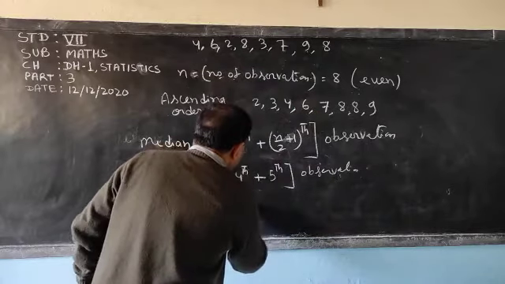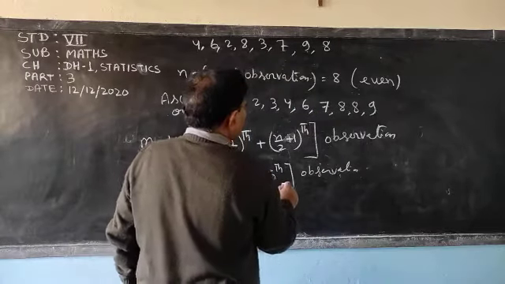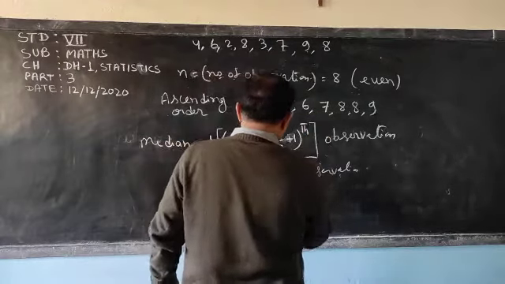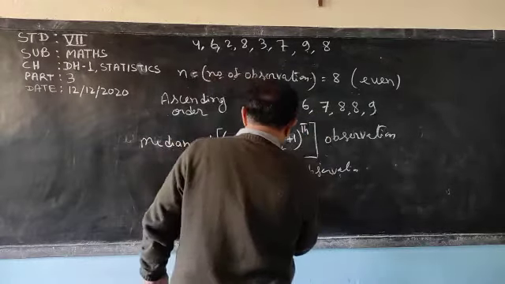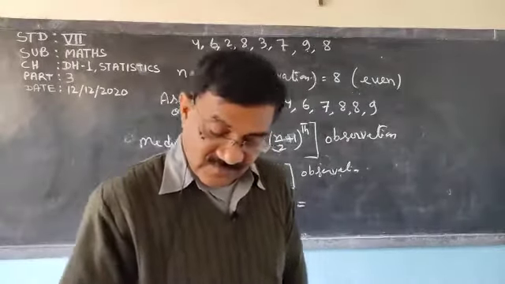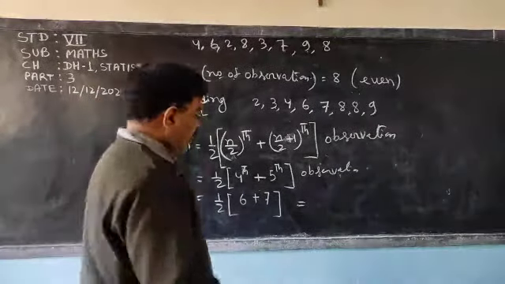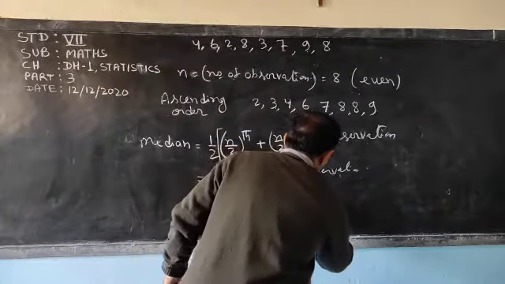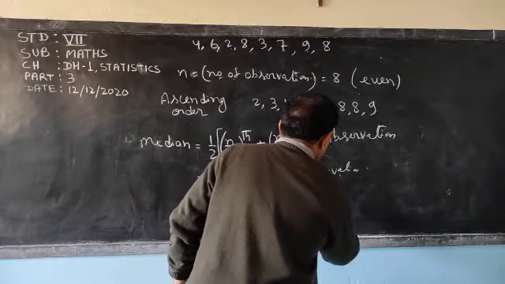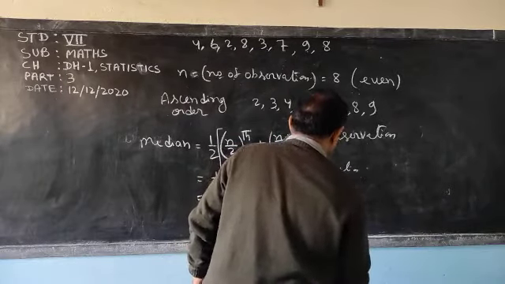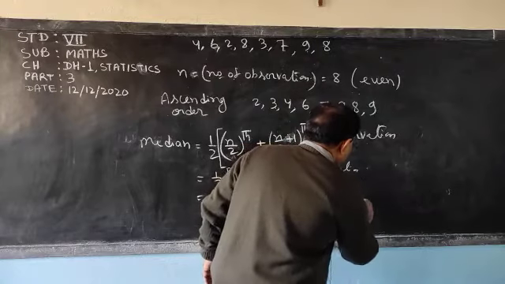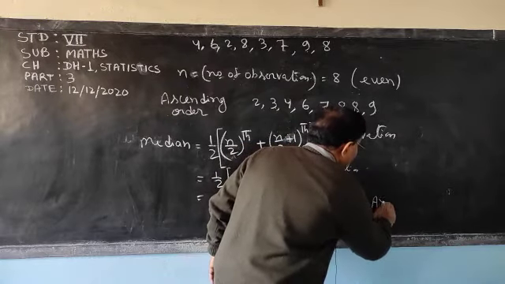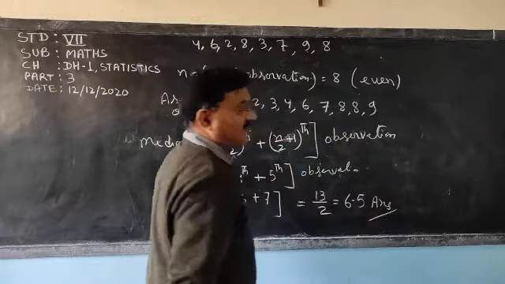The fourth observation is 6 and the fifth observation is 7. 6 plus 7 is what? 13. 13 by 2 means 6.5, and it is the answer.